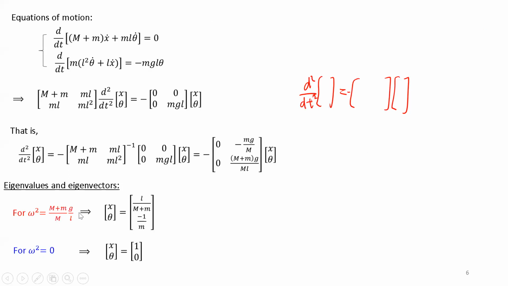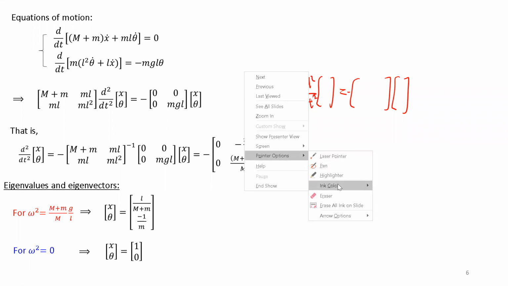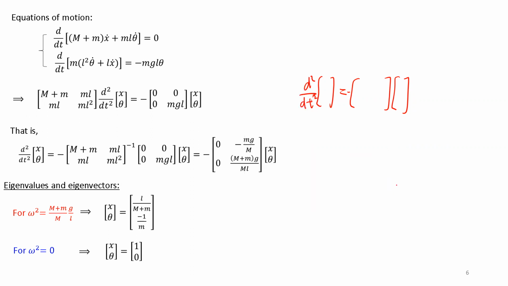For these two modes, the first one would be a small oscillation that looks like this. I have a mass on top, another hanging, and then the oscillation will look like this.